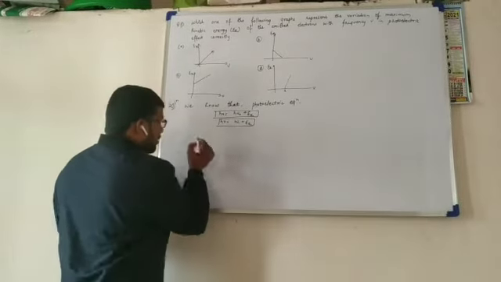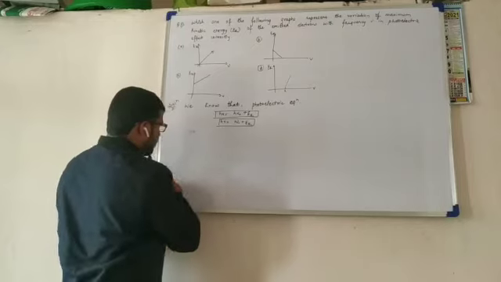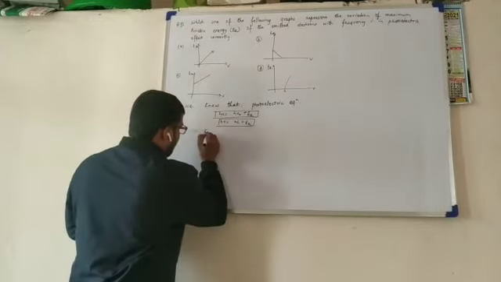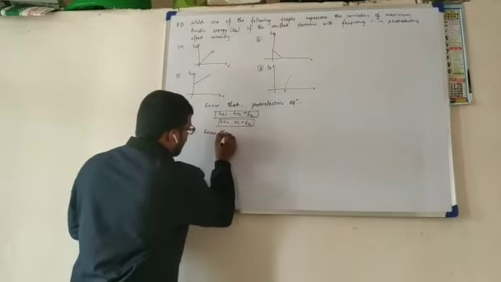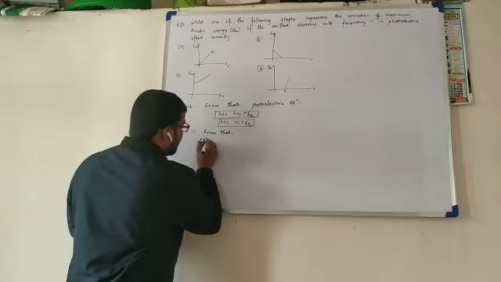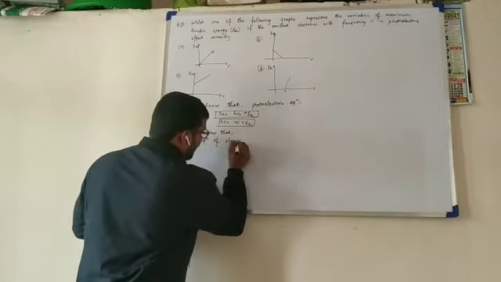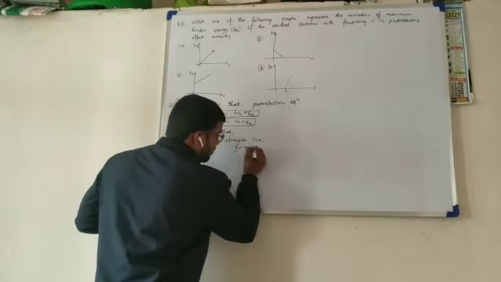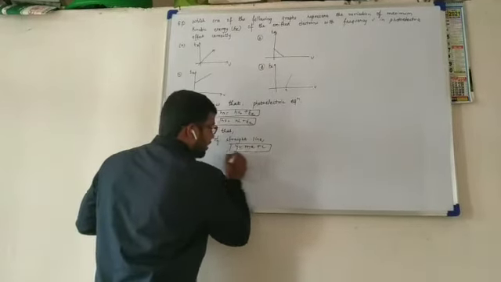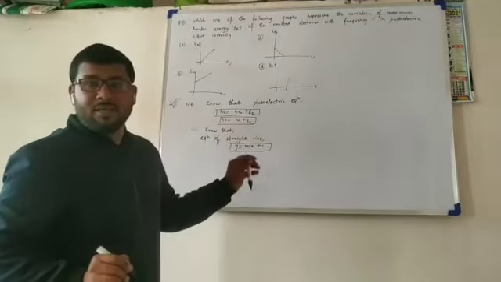So we know the equation of a straight line, y equals m x plus c, where m is the slope and c is the intercept.